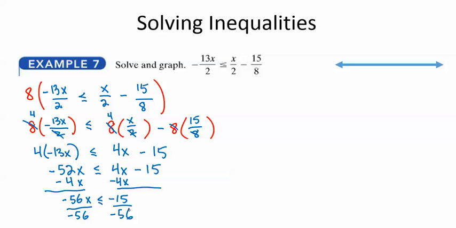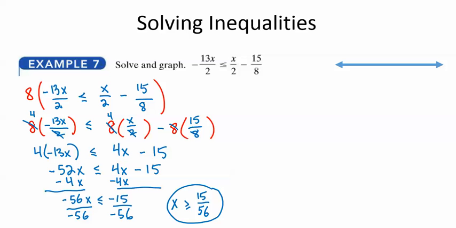Now, once I say to myself, I'm dividing by negative 56, I want to remember I have to reverse the direction of the inequality. So I change it from less than or equal to, to greater than or equal to, and now I have x is greater than or equal to negative 15 over negative 56, which is a positive 15 over 56. And so that is going to be my solution to this inequality.